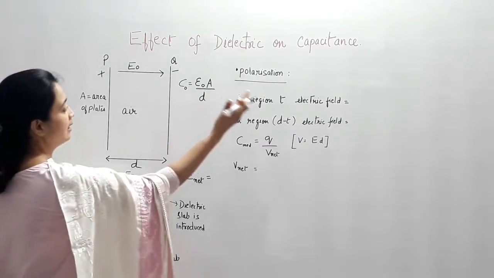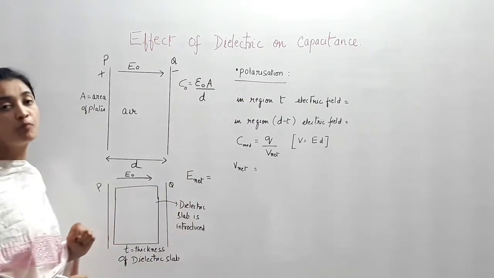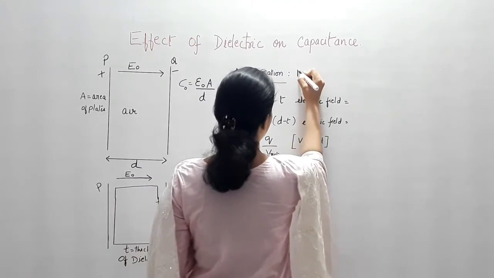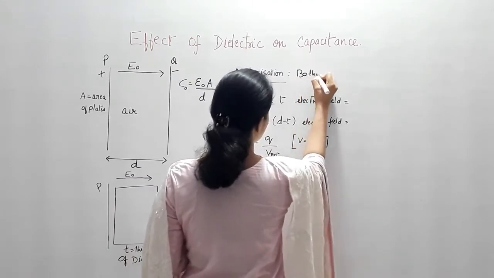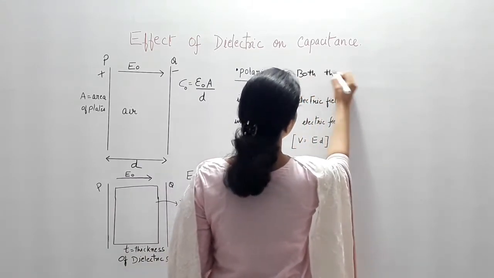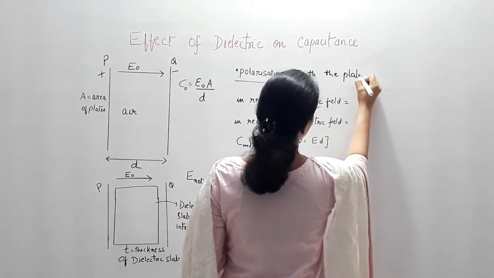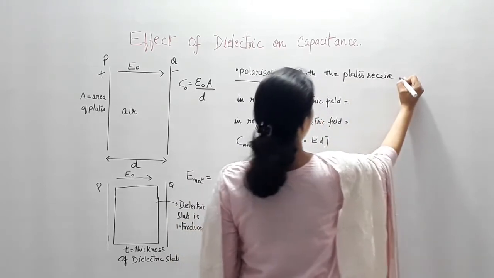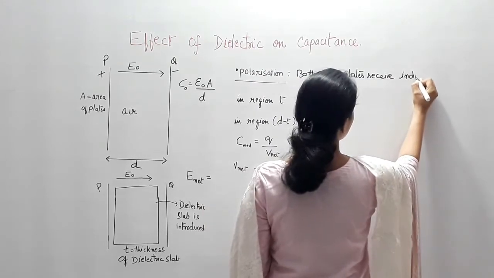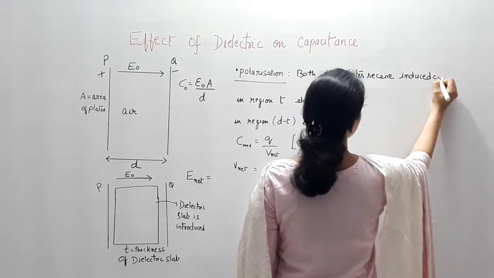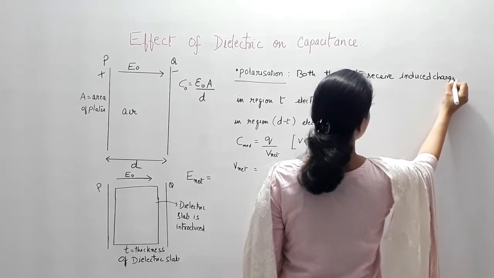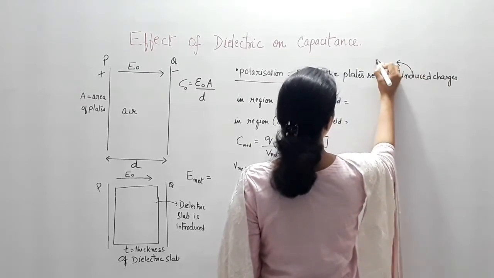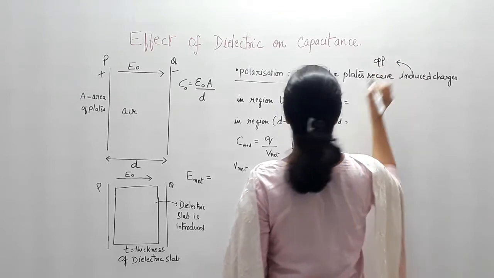Moving ahead, there comes the concept of polarization. Polarization means both the faces of the slab, both the plates, receive induced charges, and these induced charges will of course be opposite in nature.